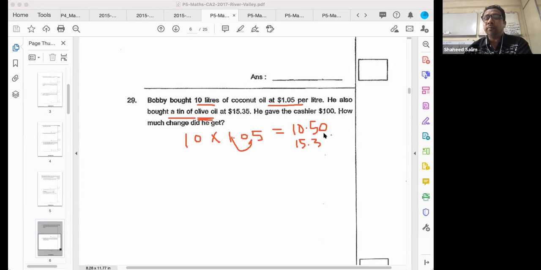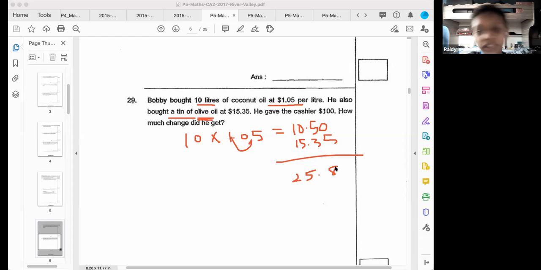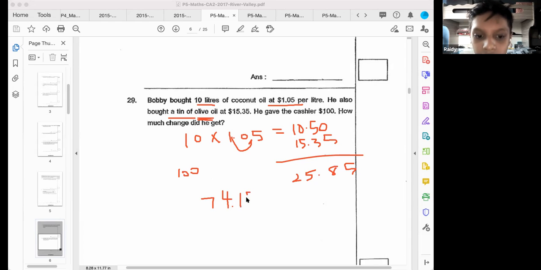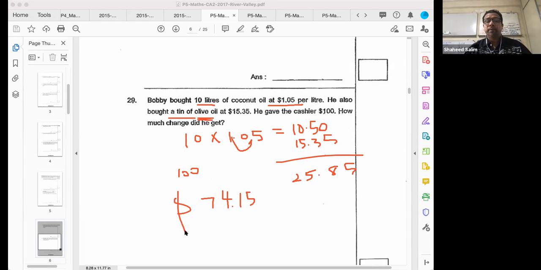What do you get? $25.85. And then you minus. 100 minus 25.85, you will get the answer to be $74.15. Yes, it was correct.